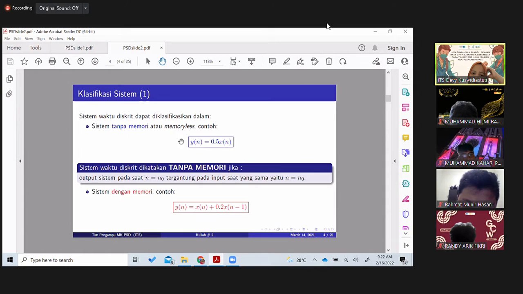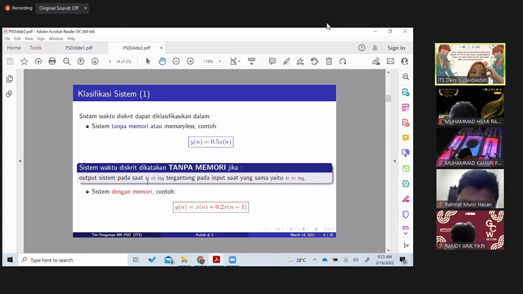So the output yn doesn't need any data coming from the previous time or the previous sample of data.